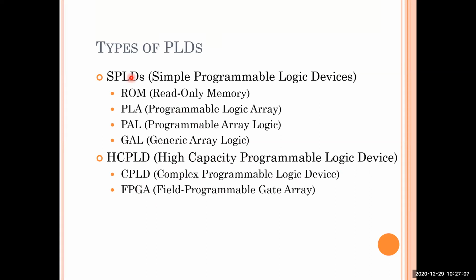So these are the two basic types of PLDs: first is SPLD, and next is HCPLD. Now in this particular lecture, you will be studying what is PAL, and after that FPGA, and then we go to the CPLD.